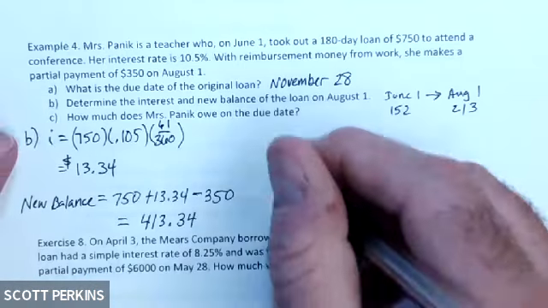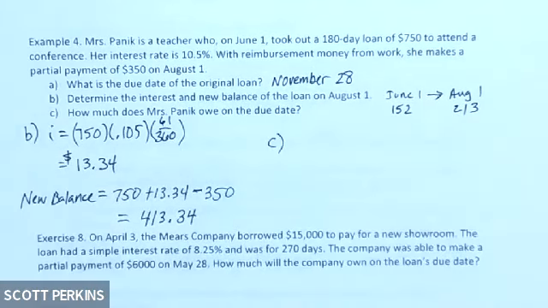So then the C part of the problem says, as of August 1st, Mrs. Panic is just going to let the remainder go at the present interest rate. So we want to know what she owes at the due date. The due date is November 28th, we saw.